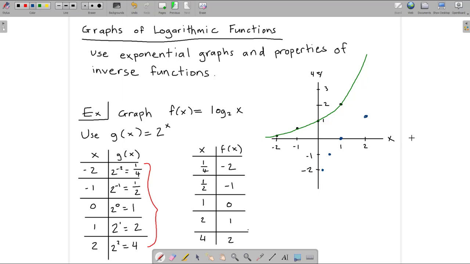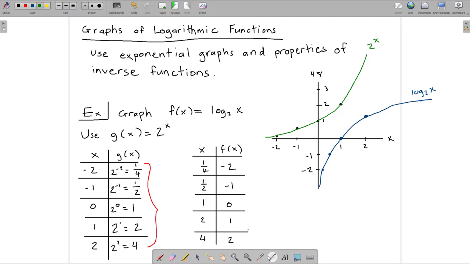And then way out here, 4 comma 2. Let's go through those points. So this blue curve here is our log base 2 of x graph, and the green one is the 2 to the x.